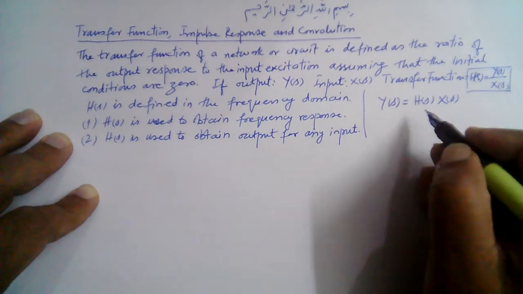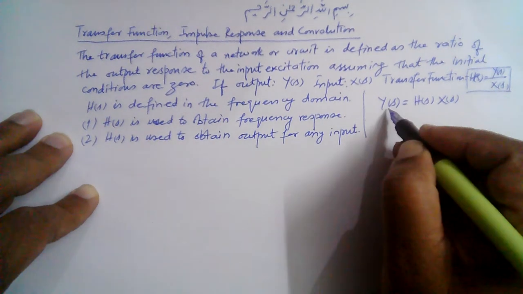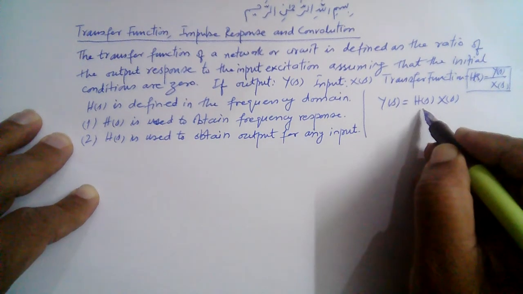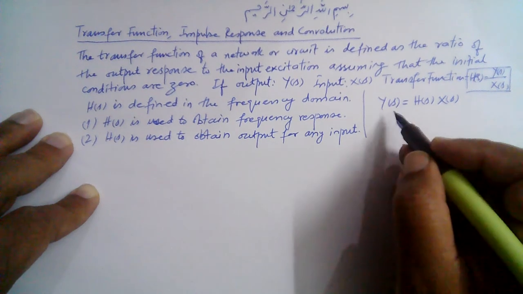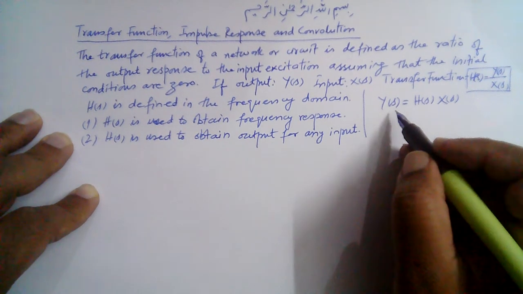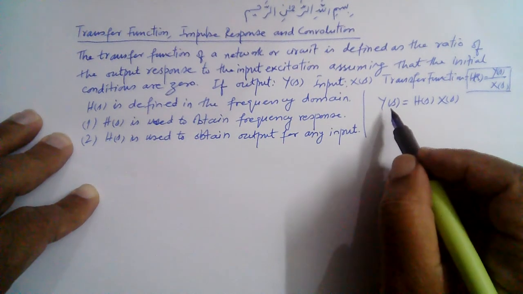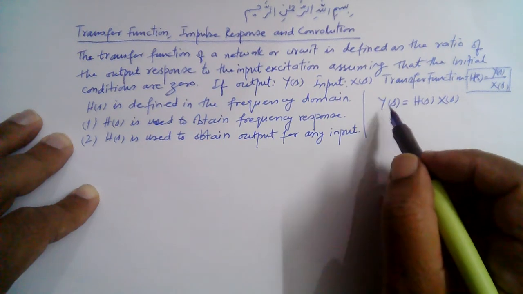So if we know the transfer function and if we know the input, we can find out the output in the frequency domain, right? We multiply them together to find the output in the frequency domain. So we can then find the inverse Laplace transform of this output to find the output in the time domain.